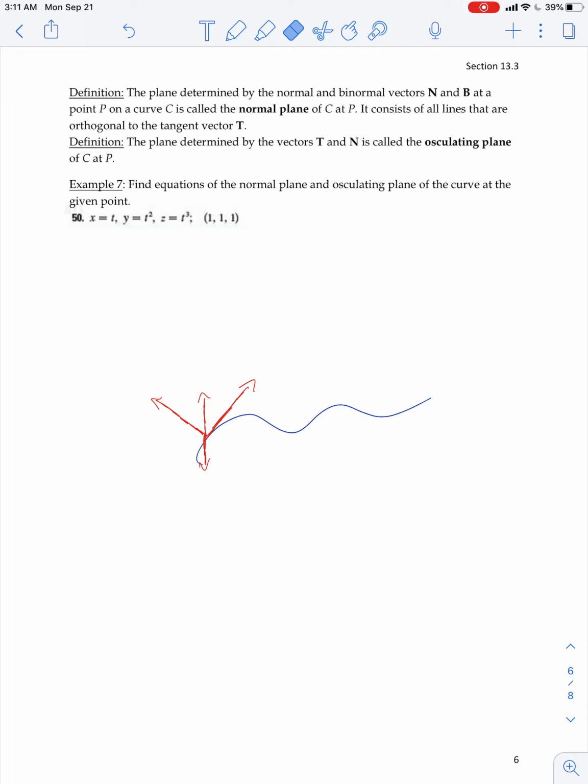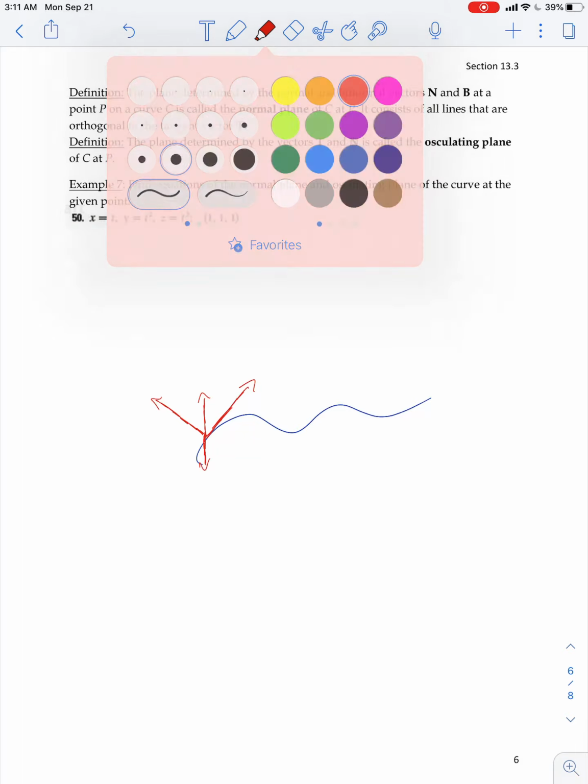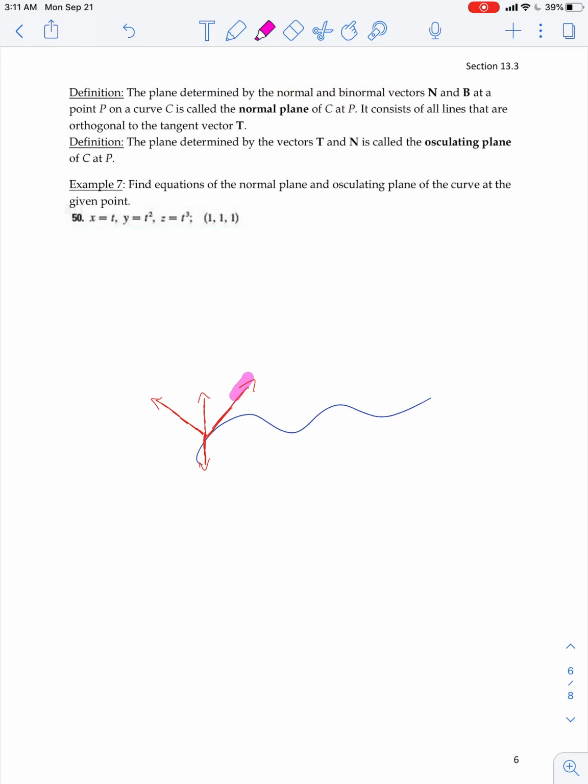Then the next one we have is the osculating plane. The osculating plane is the plane that's made up of t and n. That one is going to be a little bit more difficult to draw.